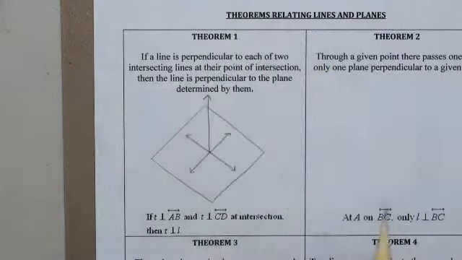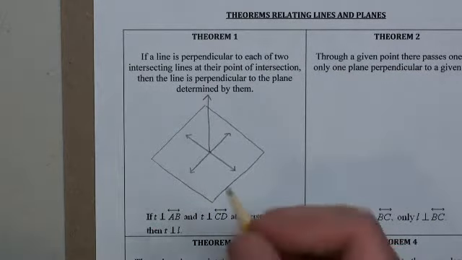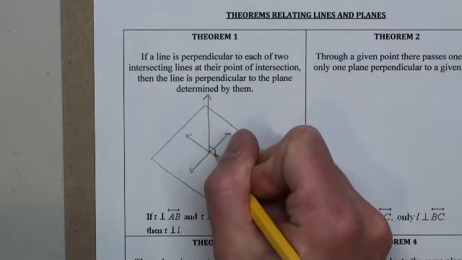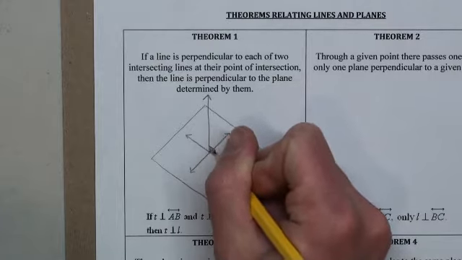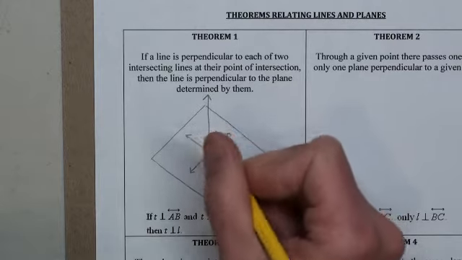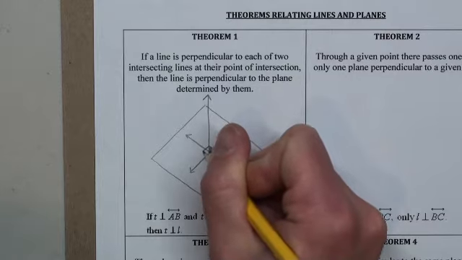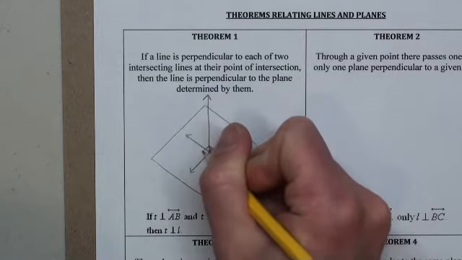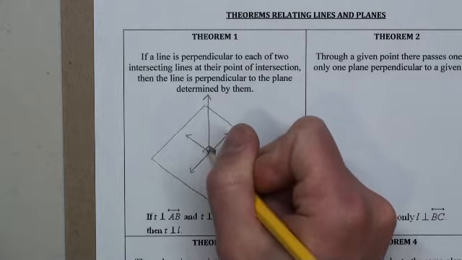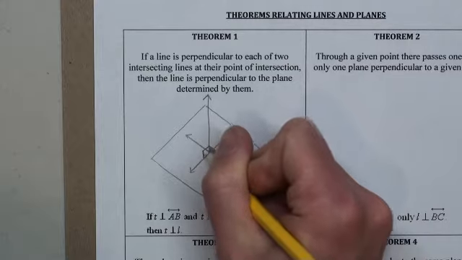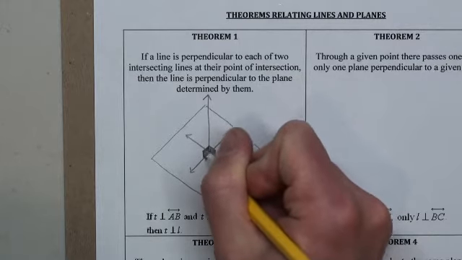And it's perpendicular, so I'm going to draw a right angle to this line, and it's also perpendicular to this line. So it's perpendicular to both lines.